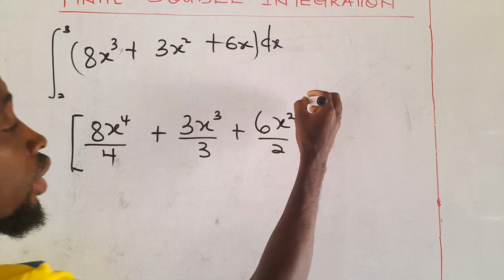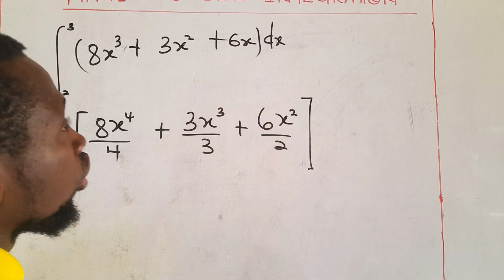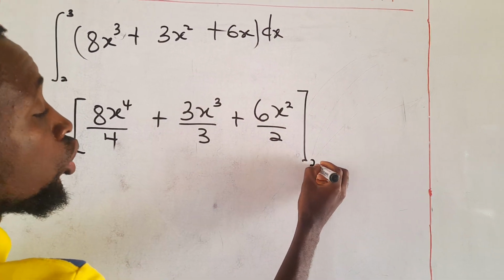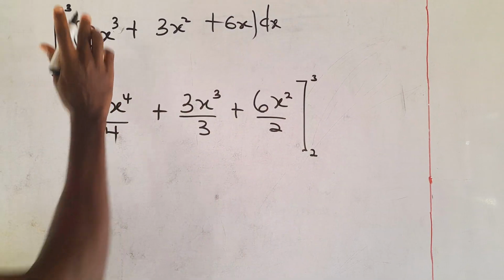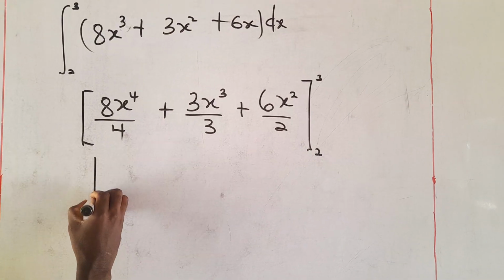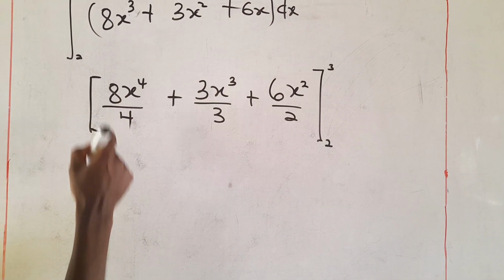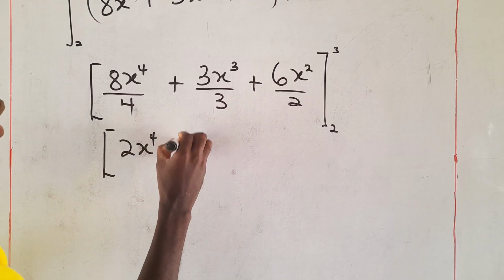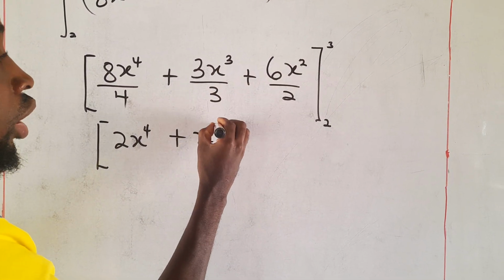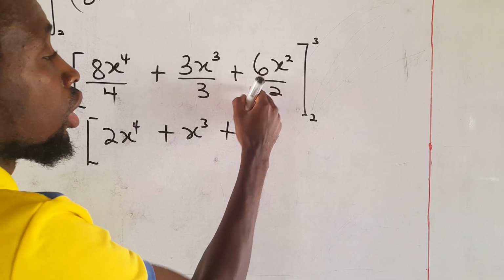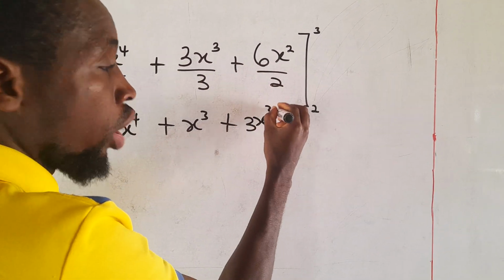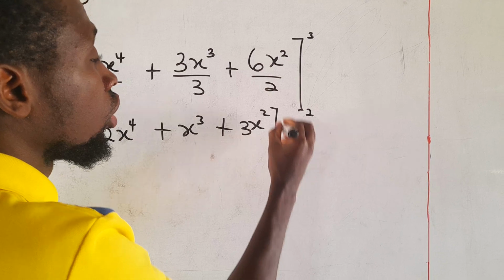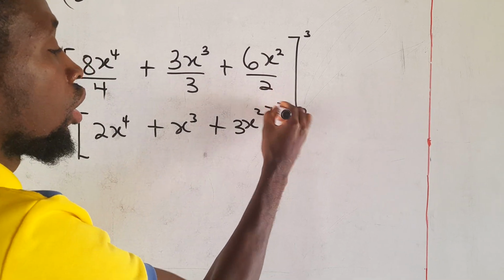Since this is finite, we don't add the constant of integration. Rather, we substitute the limits of the integral. So now let's simplify this. 8 divided by 4 will be 2, so we get 2x exponent 4. Plus this will be x exponent 3. Then plus 3x squared. Finally substituting 2 to 3.